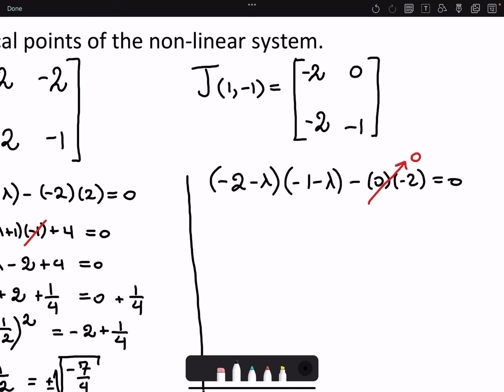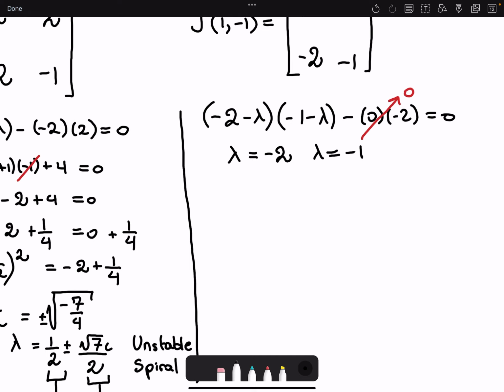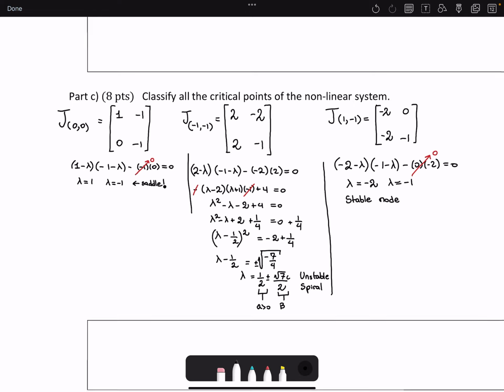All we're left with is that lambda must be equal to -2, or lambda must be equal to -1, which means since they're both negative, this is going to be a stable node. And we know they're not imaginary, so they're not going to be spirals.